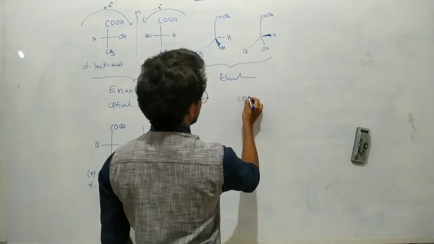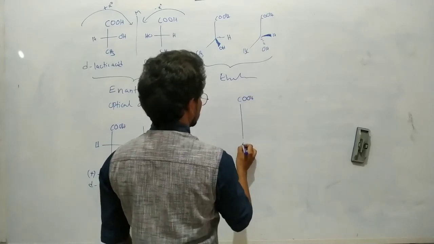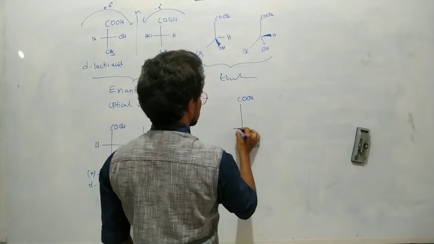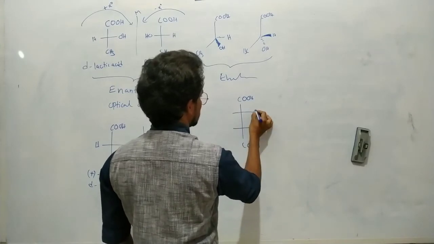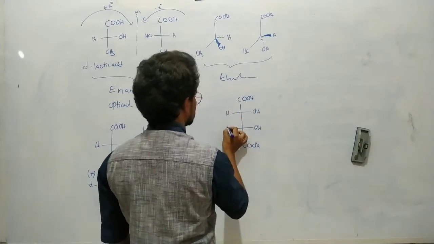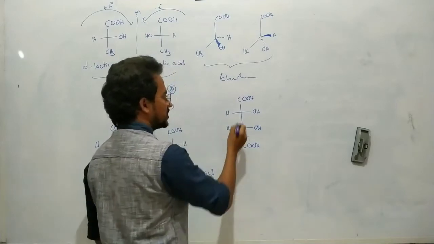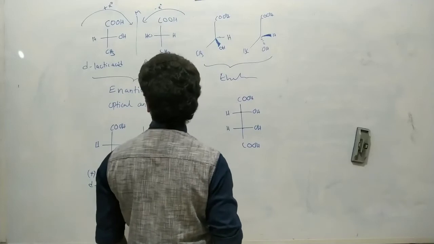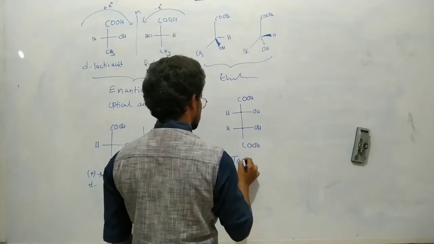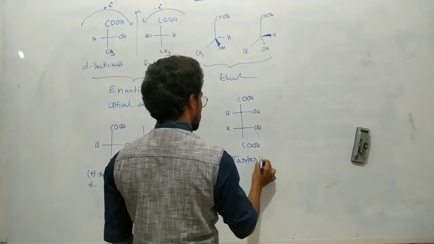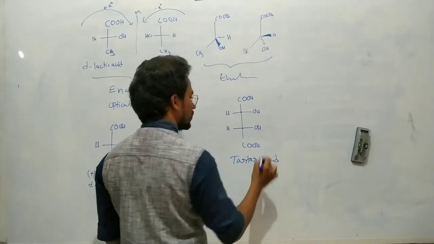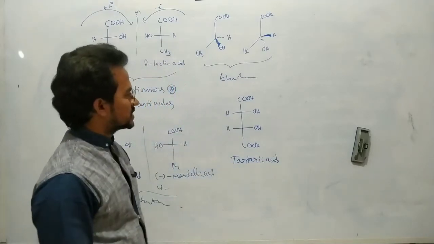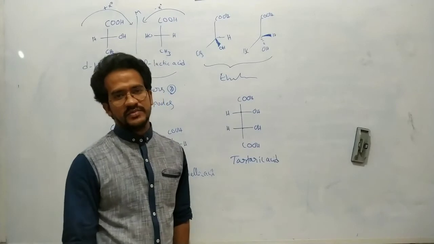Suppose I write COOH, OH, OH, hydrogen, hydrogen. Here there are chiral carbons. Already we said this one is tartaric acid. This tartaric acid has 2 chiral carbons.